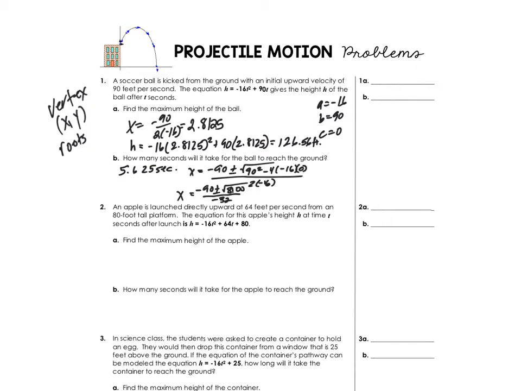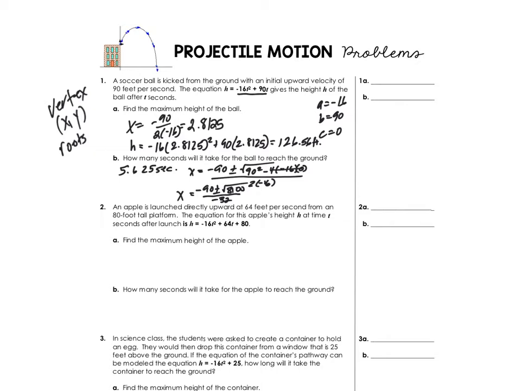Okay, so using your calculator works great. You can put that equation into your y equals, go to the graph, and hit the trace button right next to graph on your calculator, and it will show you pretty close to where the line crosses the x-axis, but not exactly. So in this case, I just used the quadratic formula and set it up. Since c was 0, this part canceled out.